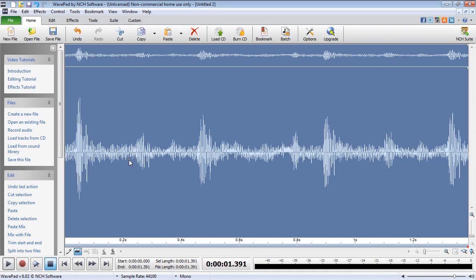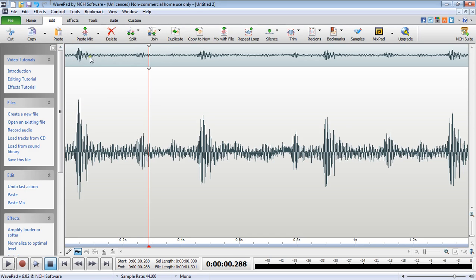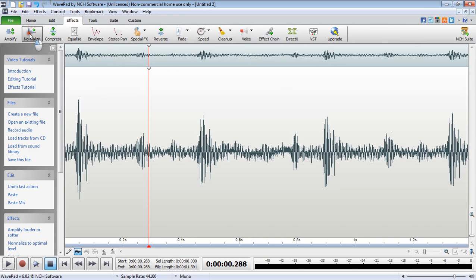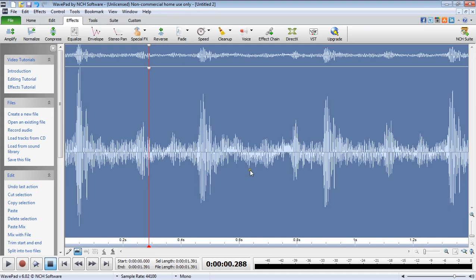Right, now what I'm going to do is normalize this. Edit, effects, normalize. So normalize it to 0 dB, apply.